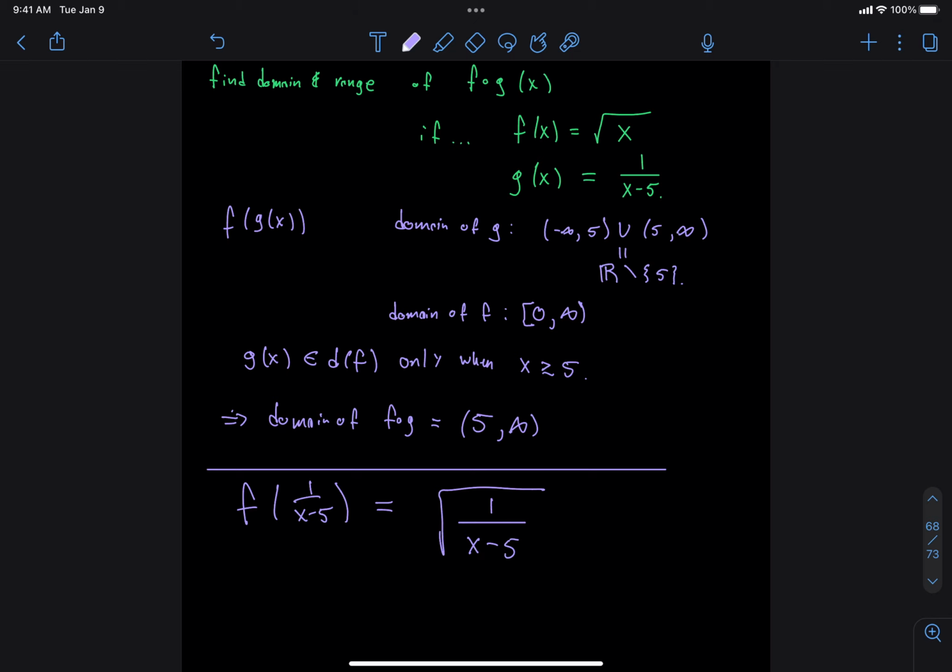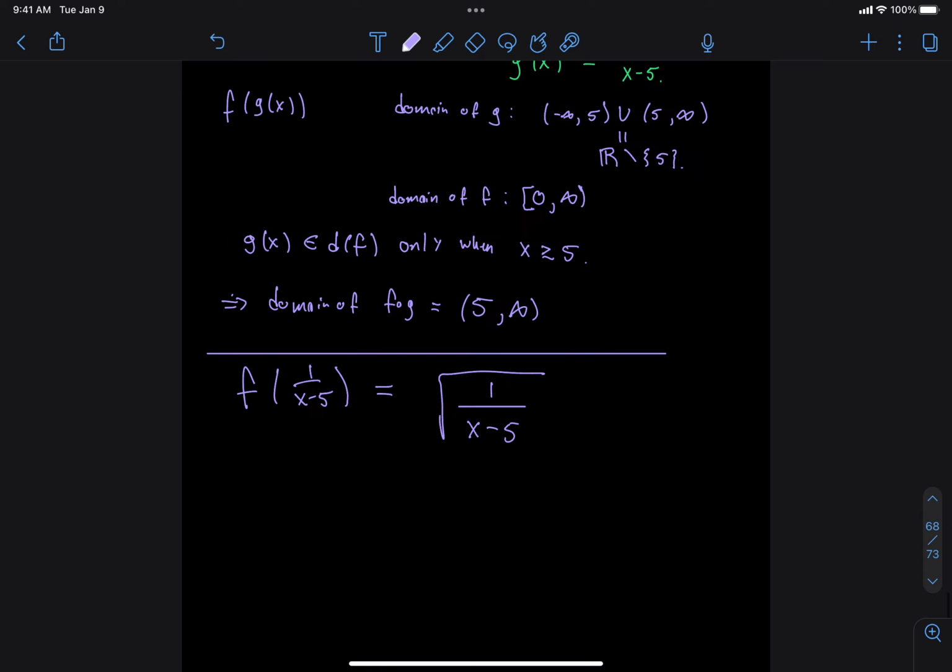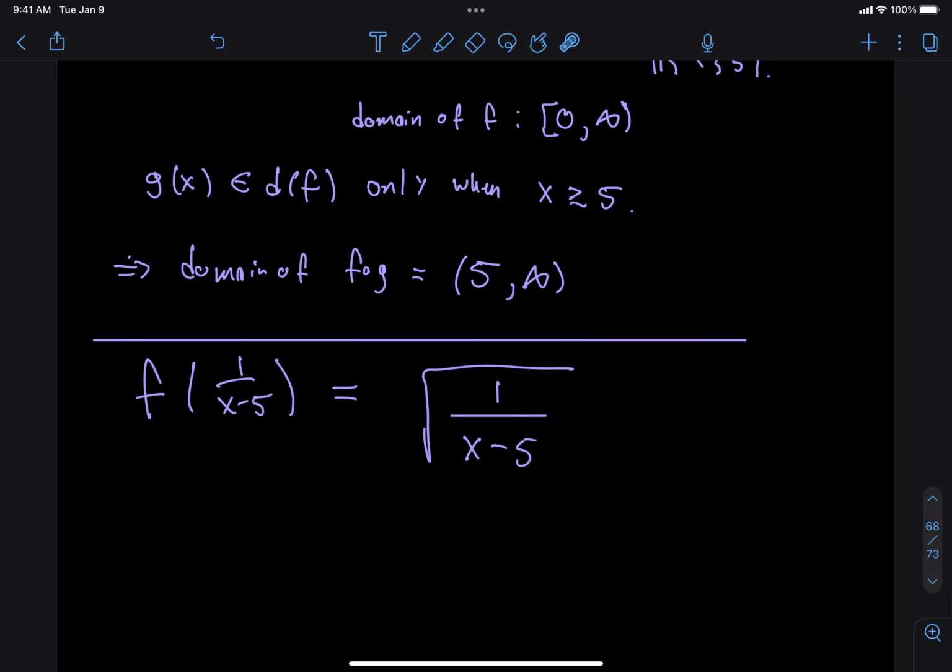Okay? So that would be the function rule. So you can see exactly why we need the domain to be this. Because first of all, we need to not divide by 0. So x should definitely not be 5. So we exclude 5. And then what needs to be true? Whatever's under the square root needs to be positive, yes? Or at least non-negative. So it can be 0.